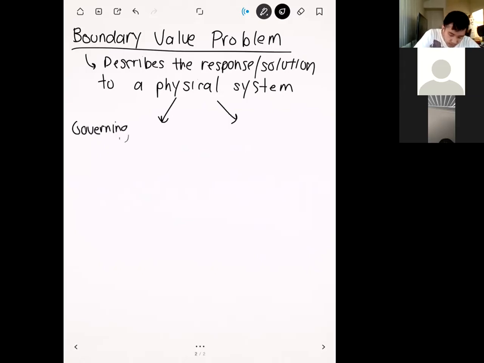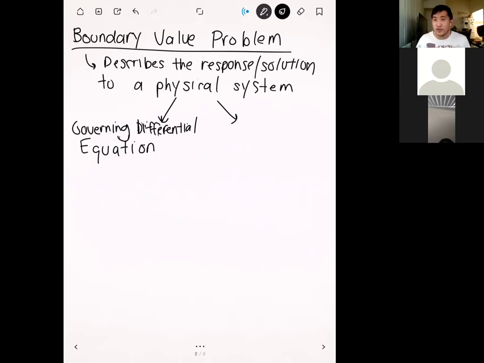And so the first ingredient for a boundary value problem is we call it the governing differential equation. And so if you think of a lot of the really famous equations that you've covered in previous classes, like for heat transfer, we have the heat equation.